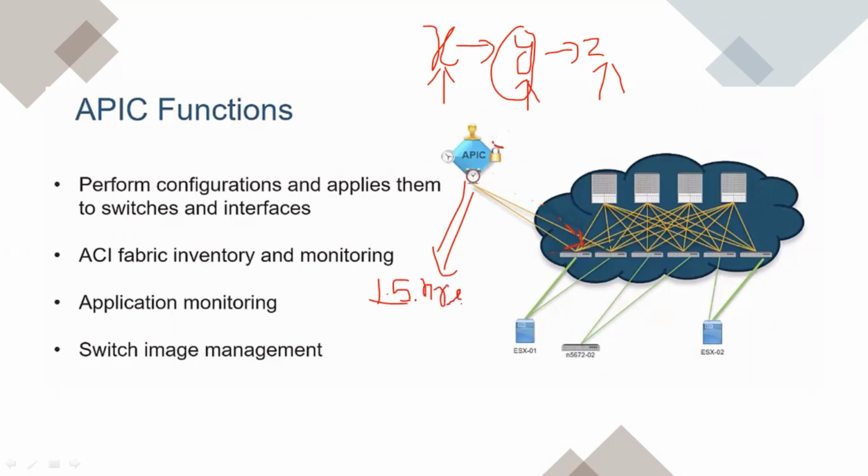One APIC. Okay, one APIC. And for the switches, it depends on the configuration, but roughly 30 to 35 minutes it will take, because it's not an ISSU upgrade. ISSU means the switch will not reboot, but here the switch will reboot and then it will upgrade, right? So that's the thing.